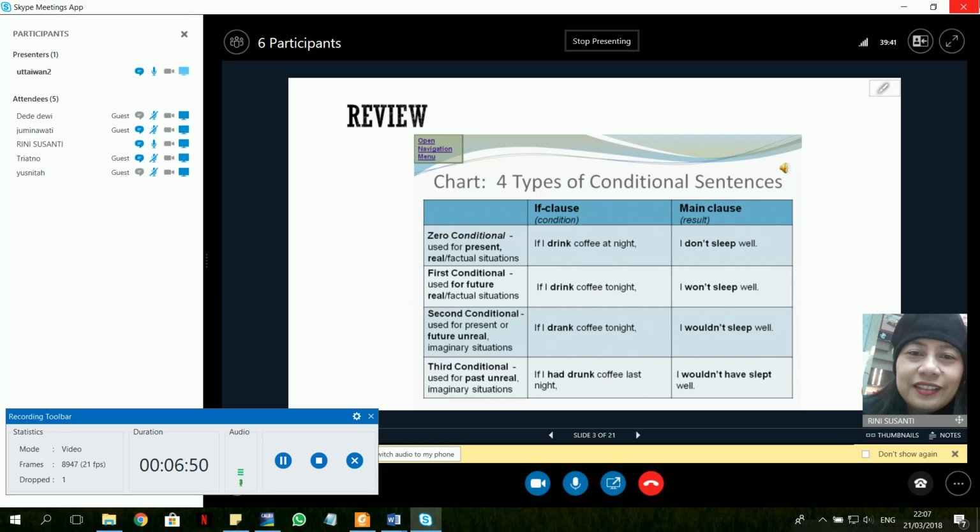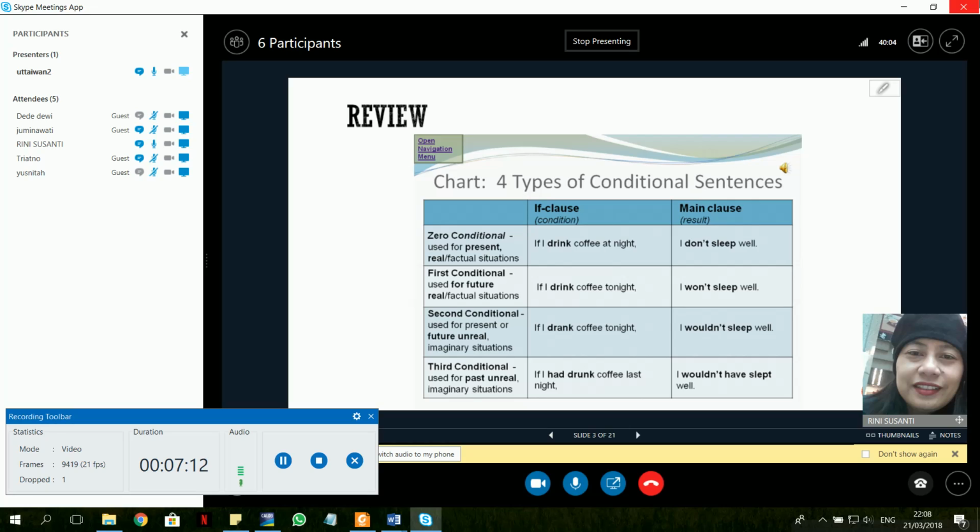And the second conditional is used for present or something in the future but unreal. So the second conditional is used for expressing something that couldn't be reached by us in the future.